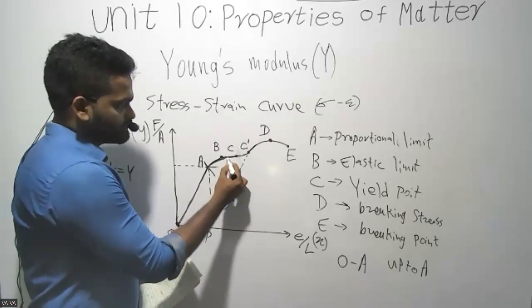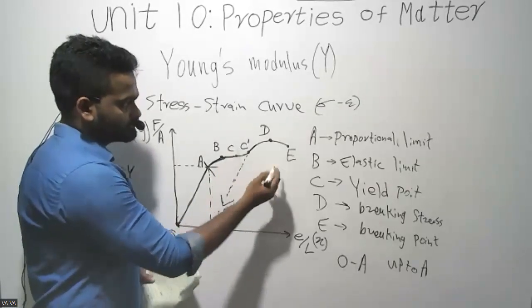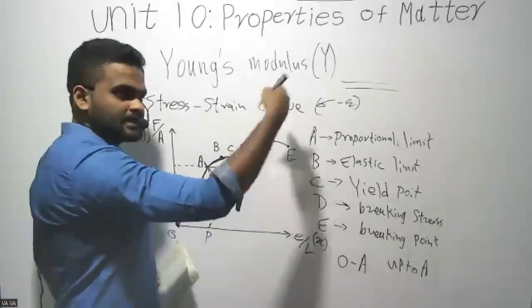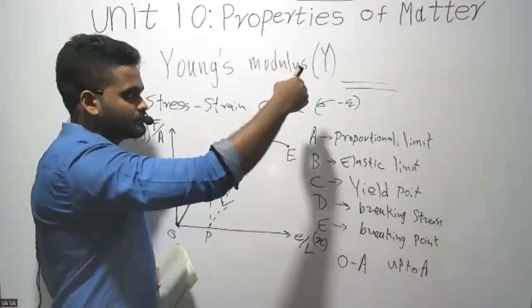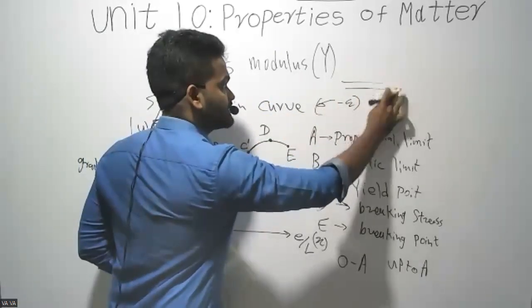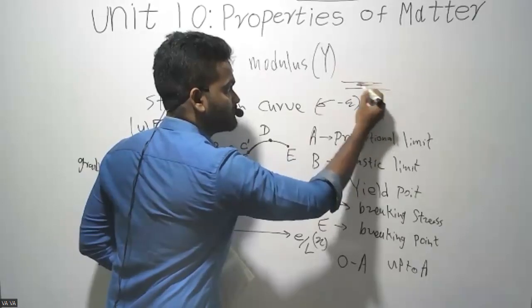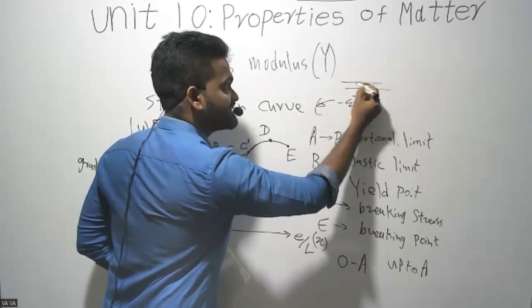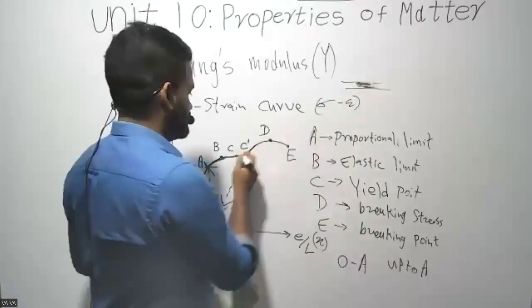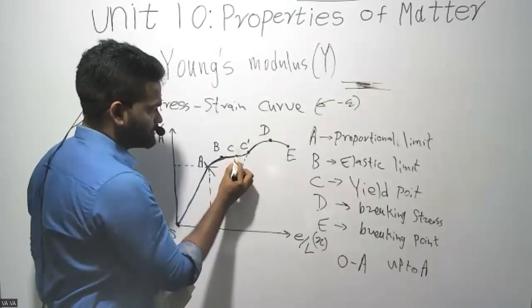So what happens from B to C? Now it is beyond the elastic limit. So these are made of molecules. These start to slide over each other. That happens within B to C.